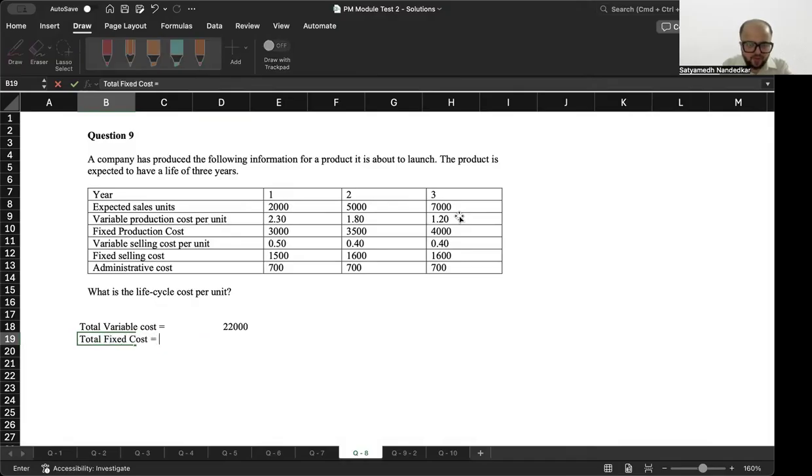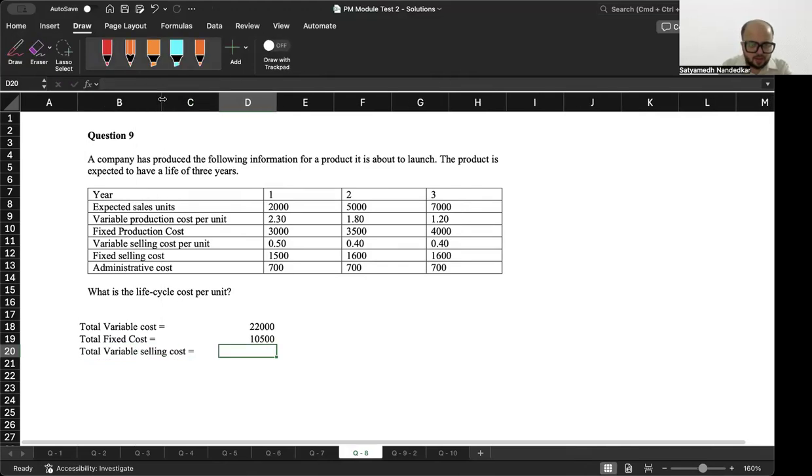How do I get my total fixed cost? Total fixed cost is 3000 plus 3500 plus 4000, 10,500. Okay. Then variable selling cost per unit. So how much will total variable selling cost be? 2000 into 0.5 plus 5000 into 0.4 plus 7000 into 0.4 comes to 5800.